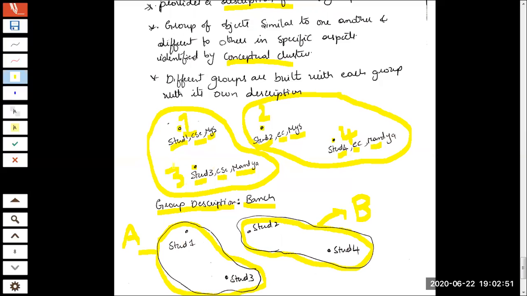What was the basis on which it was formed? The basis was the conceptual description that was given: branch. The clusters were formed based on the branch attribute.